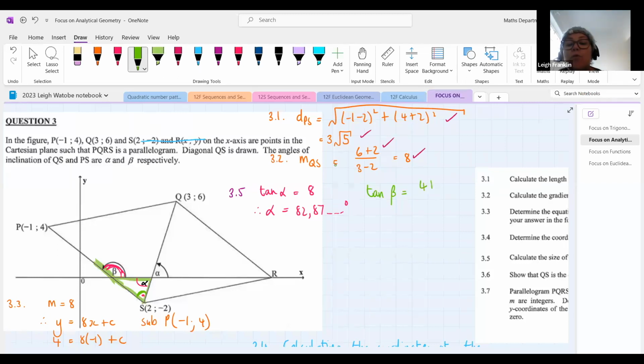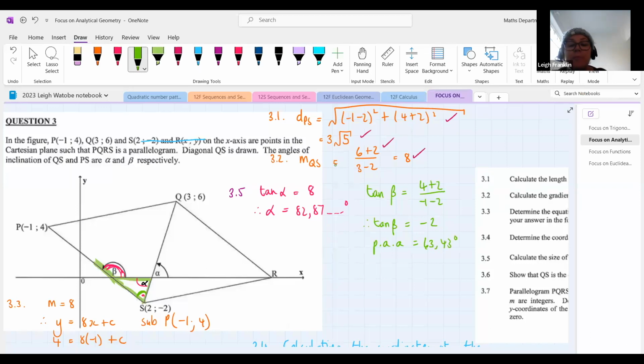That would be 4 plus 2 over minus 1 minus 2, so tan beta would be equal to 6 over negative 3, which is negative 2. I'm going to calculate my PAA because that's how I like to do it.